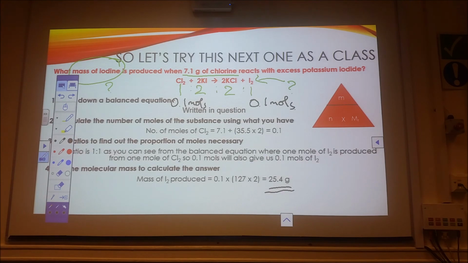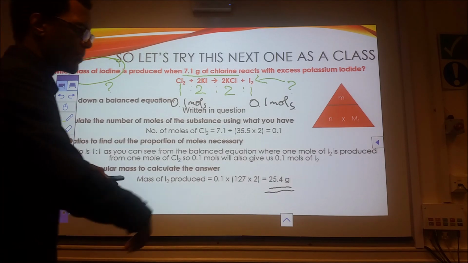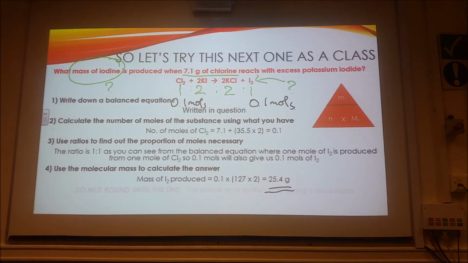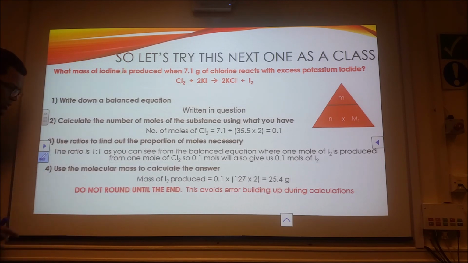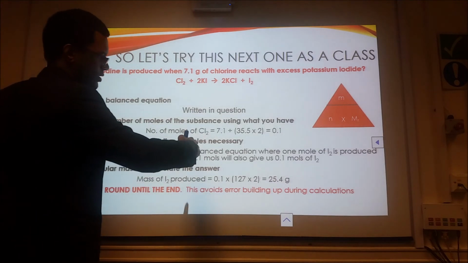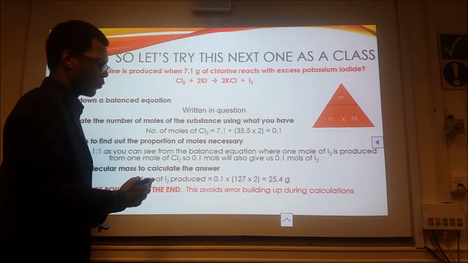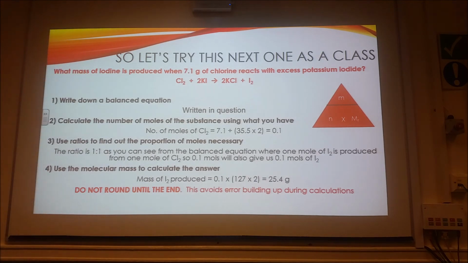Now it's really important. In this case, we didn't see a lot of numbers that went really long. But if you get to a question which asks you for a lot of digits, or gives you a lot of digits when you are doing a calculation, wait until the end to actually round, because if you start rounding at the beginning of the question, error can build up and then you can get a slightly different answer later in the question, which examiners might not be so lenient on.